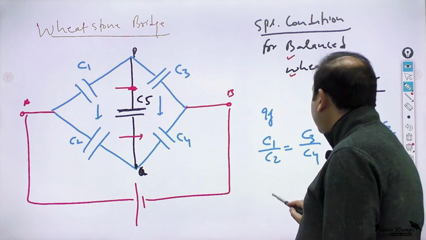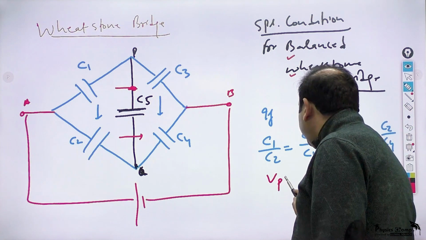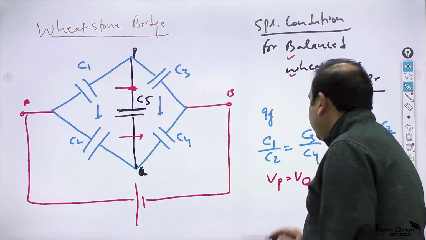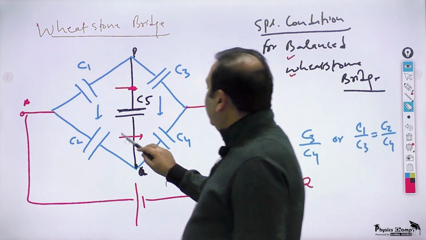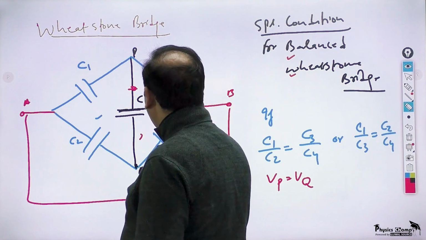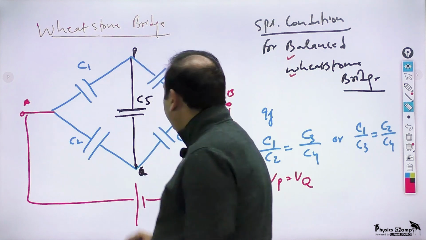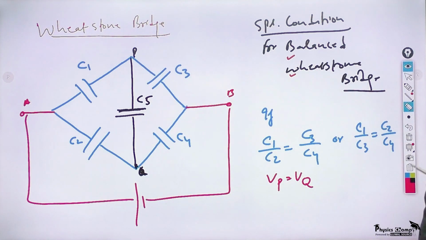And in a balanced Wheatstone bridge, potential of P is equal to potential of Q. Now what can be the meaning of that?